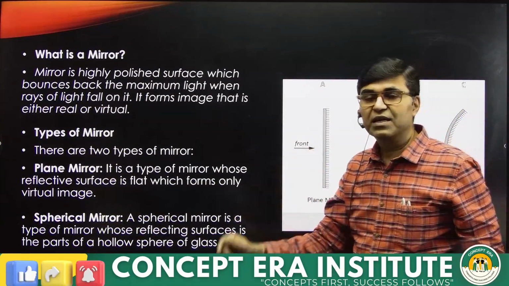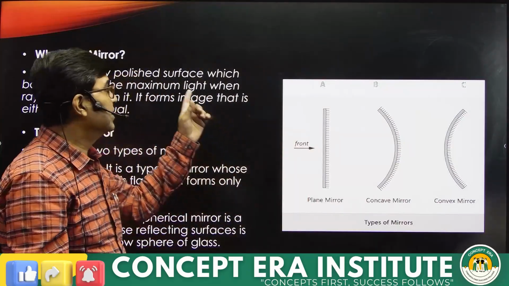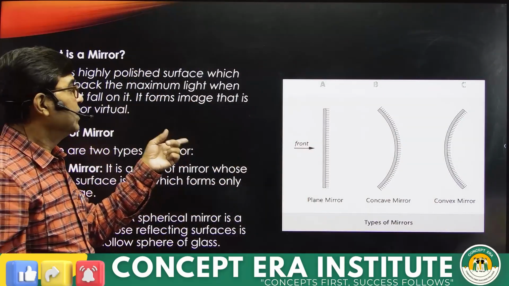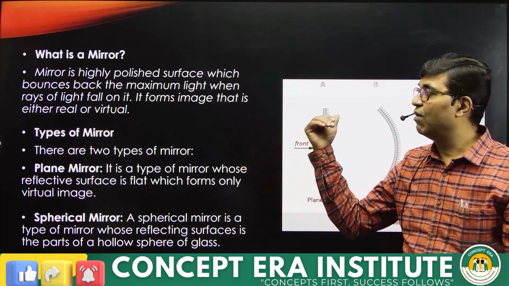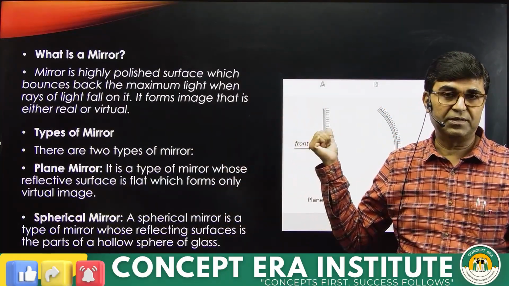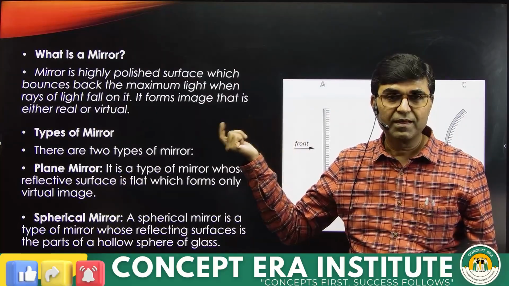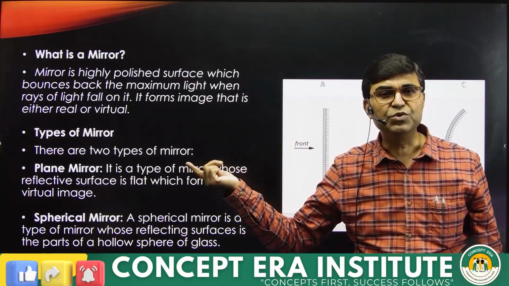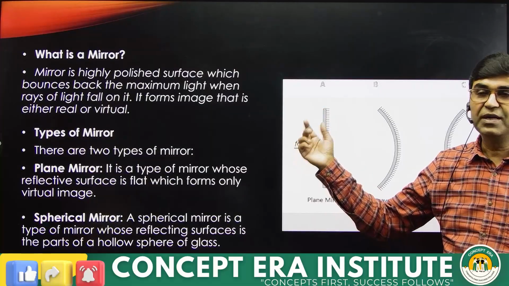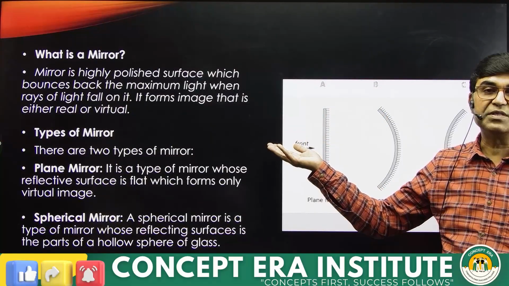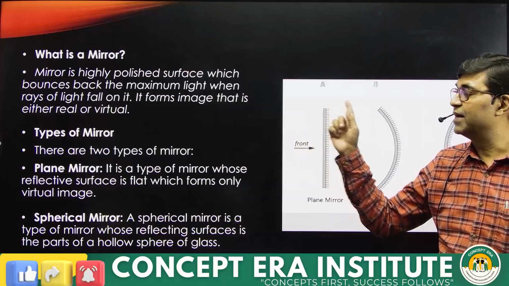Now, let's come to mirrors. What exactly is a mirror? A mirror is an object which reflects back all the light that is falling on it. Examples of mirror: you see it every day in your bathroom, in front of your dressing table, in which we look at ourselves while getting ready. That is a mirror.